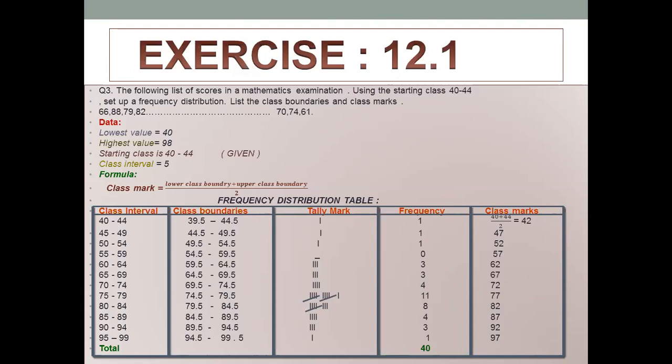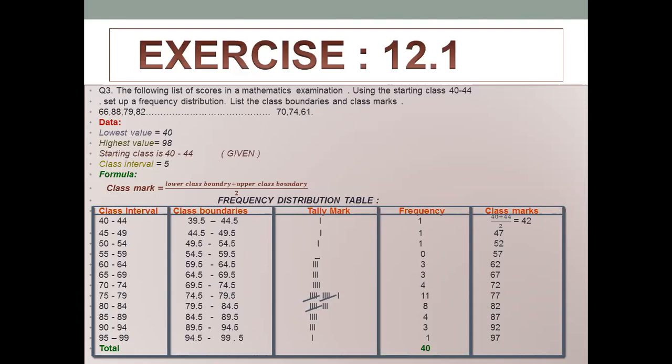Instead of 44, we write 44.5, then 49.5, then 54.5, and at the end, the last class boundary is 99.5. Is it clear to you? For the class boundaries, always subtract 0.5 from the lower limit and add 0.5 to the upper limit.